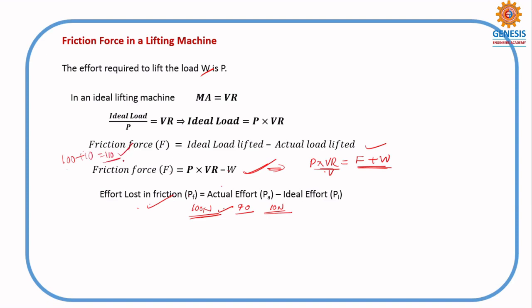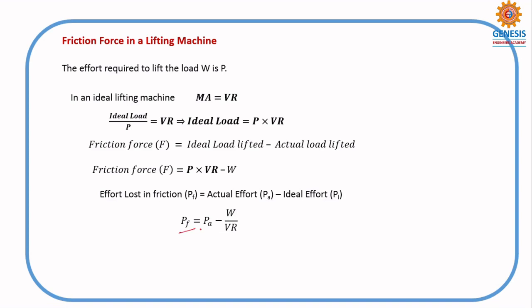So the load to be lifted is more, your effort is lost, your weight is increased. Here effort reduces because of the friction, here weight increases because of the friction. So these two equations are somewhat cumbersome and difficult, but you have to write them several times to get accustomed to this equation.